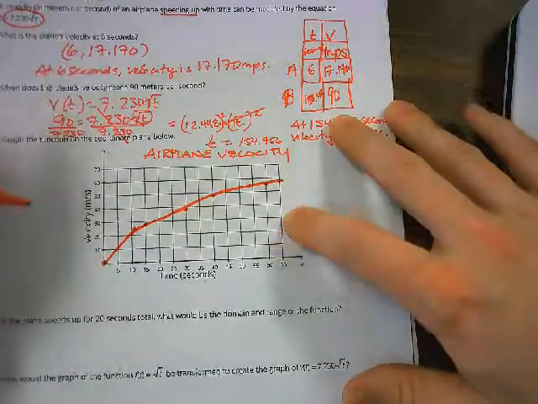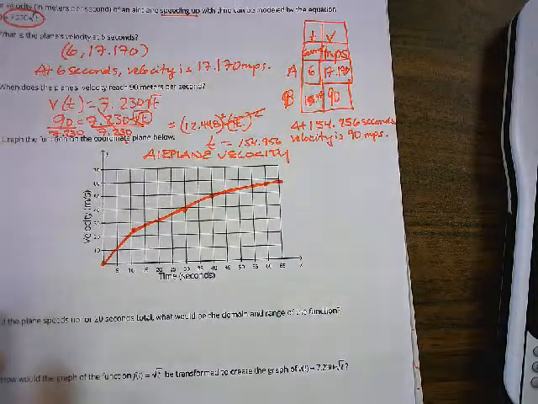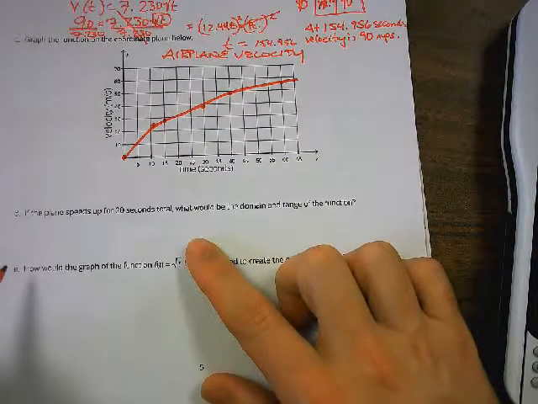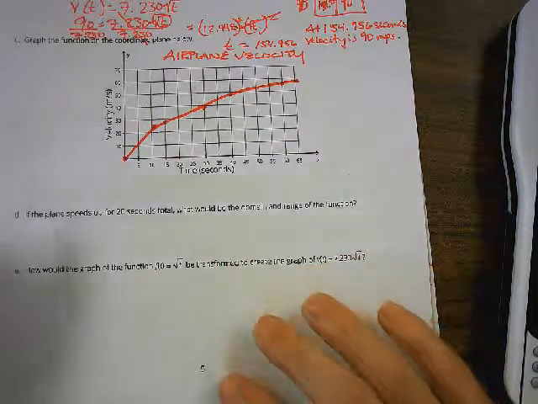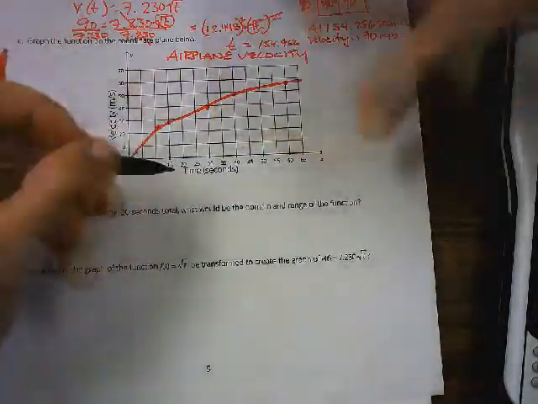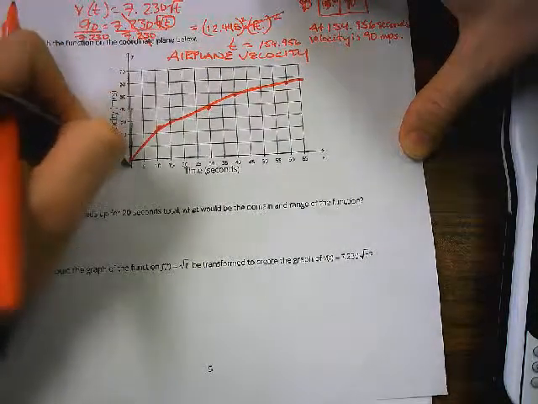It's going to ask me if the plane speeds up for 20 seconds, what would the domain and range of the function be? So if the plane speeds up for 20 seconds, we're talking about from 0, 0, right, all the way to 20 seconds. So they just want us to focus on this piece right here.